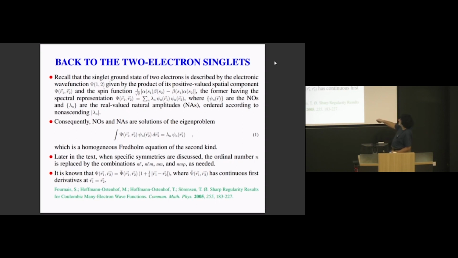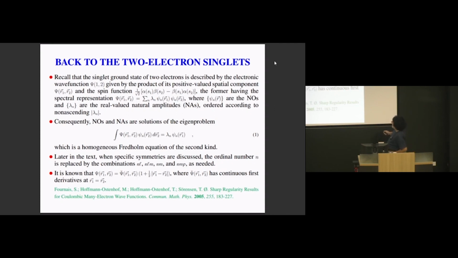Because of this spectral representation that I already showed you, we can see that natural orbitals and natural amplitudes are solutions of an eigenproblem. Here, the wave function plays the role of a kernel of a homogeneous Fredholm equation of the second kind. So if we have any mathematicians here, well, Berge is definitely a mathematician, this is something for mathematicians.